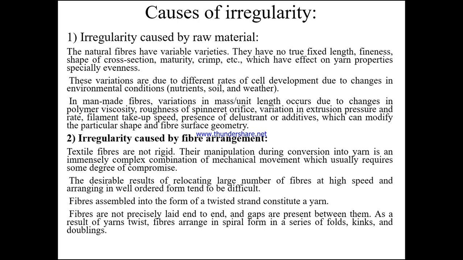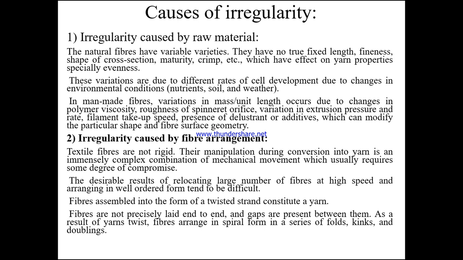So if your raw material is uneven in nature, so your end product, that is yarn, fabric, will also be uneven. So these variations are due to different rate of cell development due to changes in the environmental condition. During the cultivation of the natural fiber, due to the variation in nutrients, soil, weather conditions, such variations always will be there.